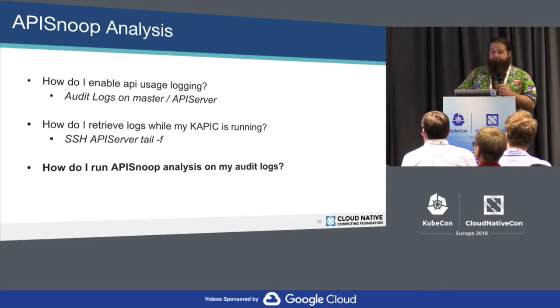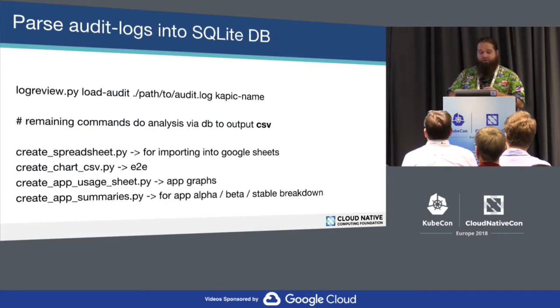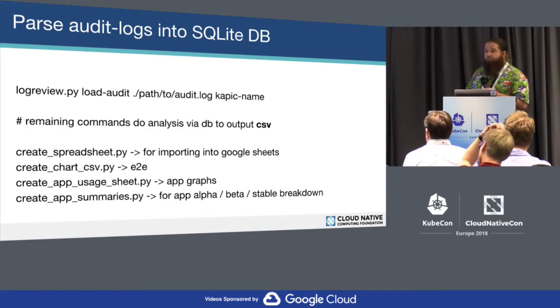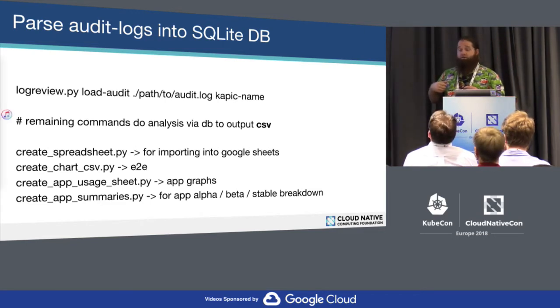So now we've got these great, wonderful snoops on our API. What can we do with that information? That's where our analysis tools that we're prototyping and putting into this repo come in. We have a log review that can load audit files, those raw logs that come from the API server.